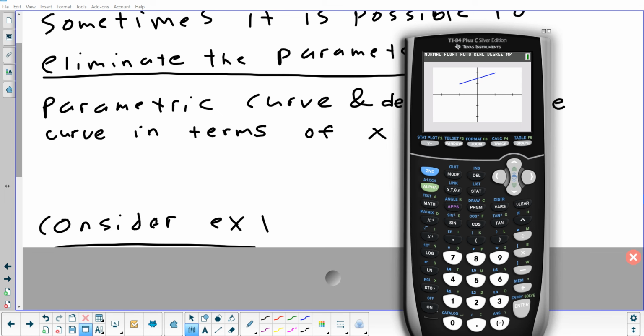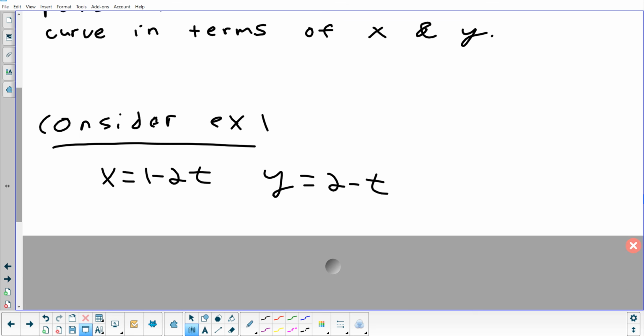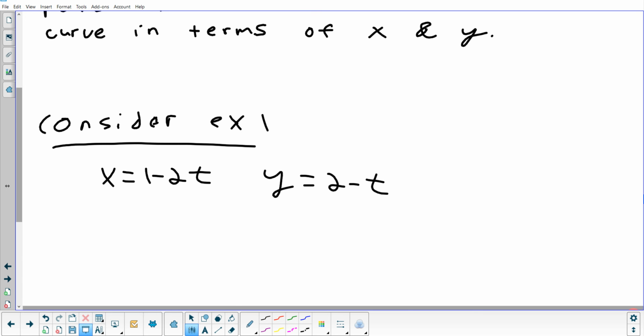We'll talk about that. But the first thing we have to do is figure out the formula for that as y equals. So here's our two equations. What we don't want in the final answer is that. We don't want t in the final answer.